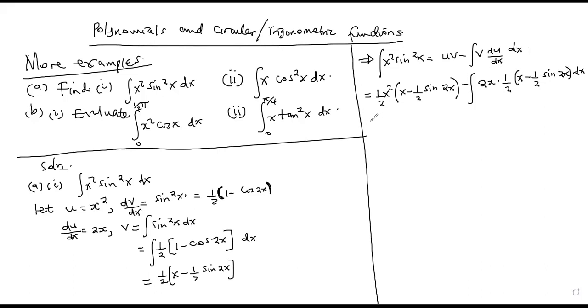So it's going to be equal to a half x squared, x minus a half sine 2x, then of course minus, these two will go with this, so I will remain with minus the integral.